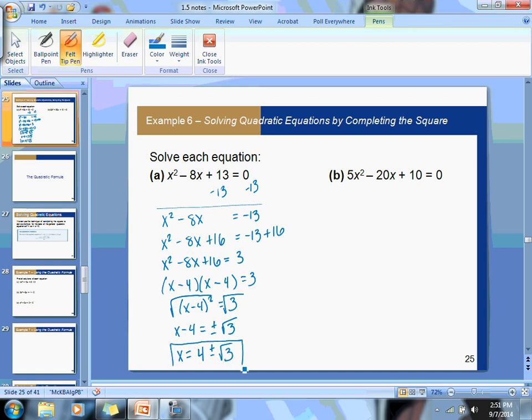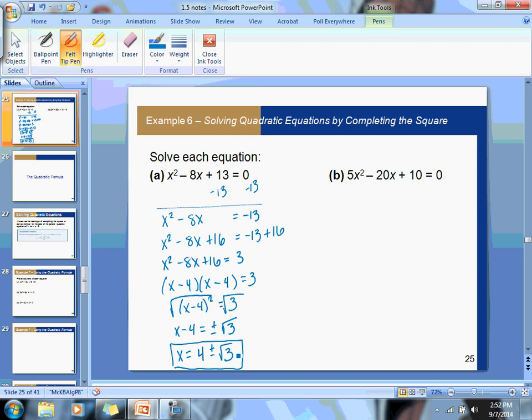Now since we have an answer in that form where we have a real number and a radical, it's actually better to do this completing the square process instead of the quadratic equation. I think this is a little less messy. You're dealing with more whole numbers all the way through, and even if we did the quadratic equation, we would still have this radical left over in our answer.